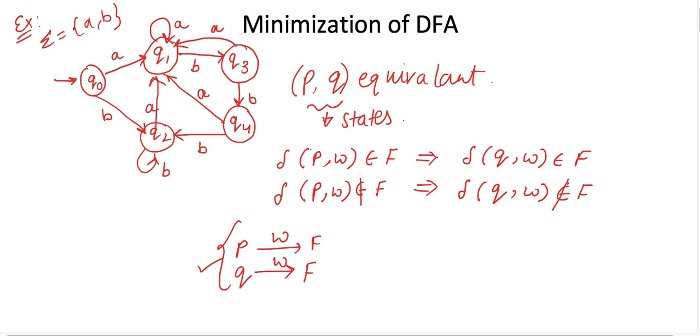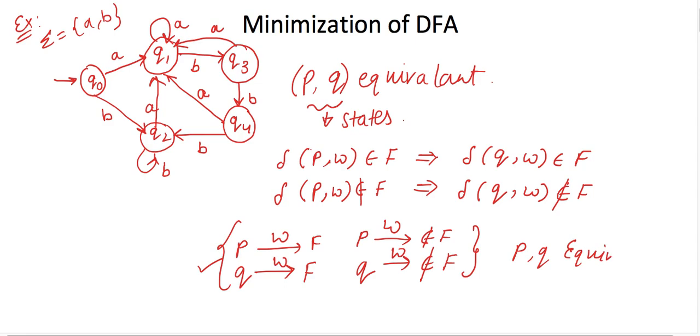And at the same time, if at state P, upon scanning W, I reach a non-final state, then at state Q, upon scanning W, I should also reach a non-final state. Then we can say that it is PQ equivalent. Got it?